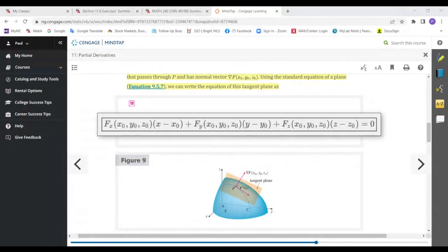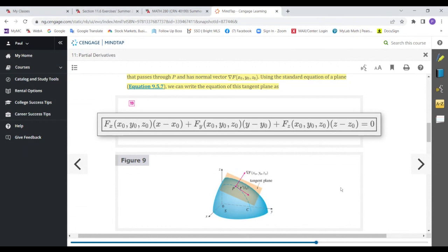Okay, and naturally, if you have the equation of the tangent plane, there are other things you can find too. Like, for instance, if you wanted to know the normal line to the surface at the point P, the normal line would be the line perpendicular to the plane at the point P. Well, the A, B, and C are represented by those partial derivatives.